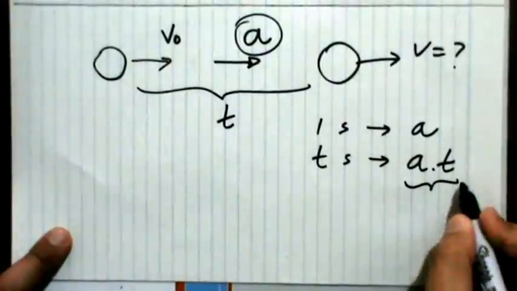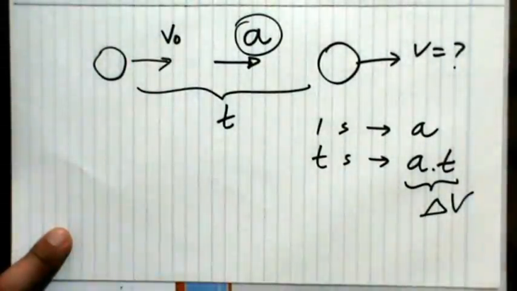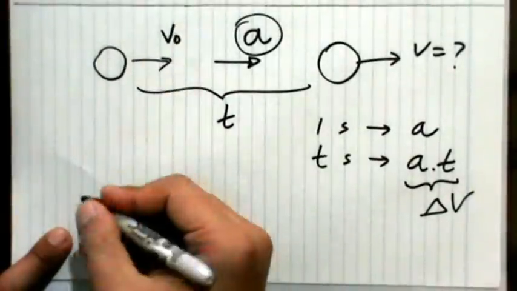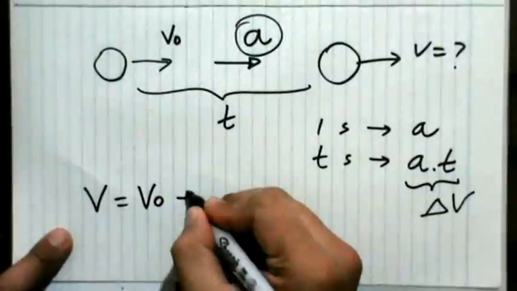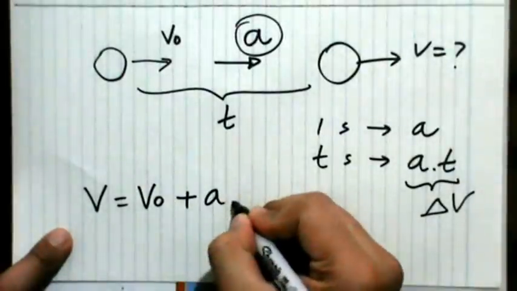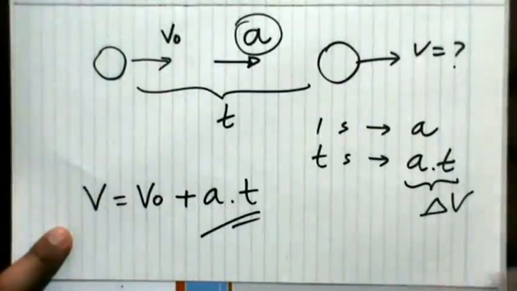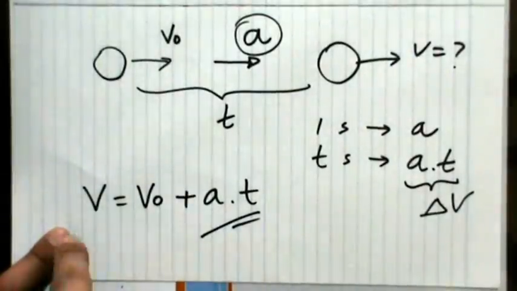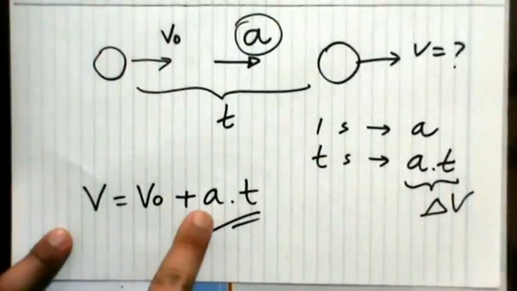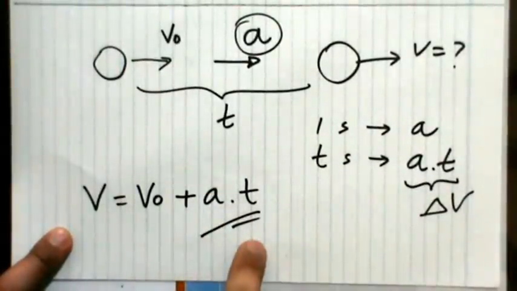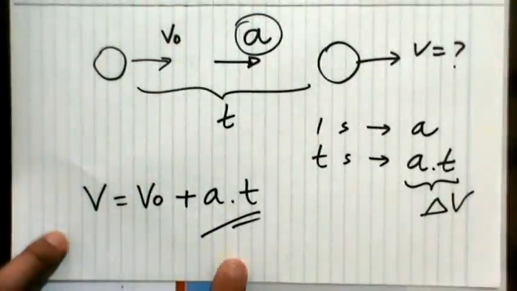So this is the increasing speed, or delta V. And if this object has the initial speed v0, then the final speed will be v0 plus delta V, or a times t. So at the end, you'll find the relation between the final speed, initial speed, acceleration and time. But you don't have to memorize this, and I do not recommend you to do that.